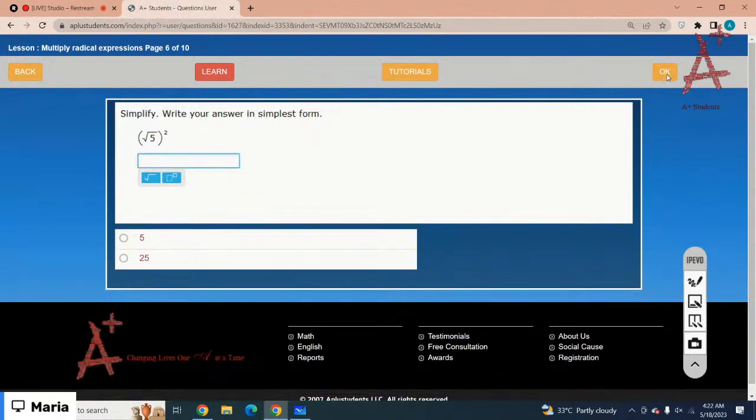Okay, simplify. So which is the correct option? So the square and square root got cancelled out, so you are left with just 5.